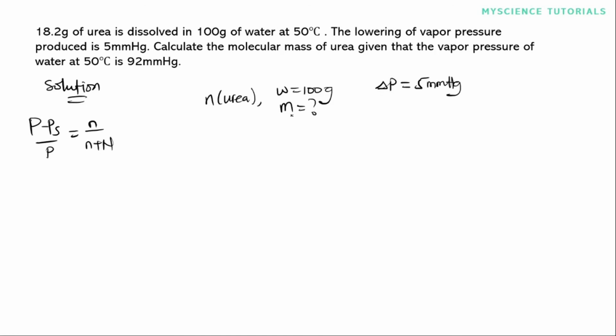We have to calculate the molar mass of urea, given that the vapor pressure of water, our P, is equal to 92 millimercury.